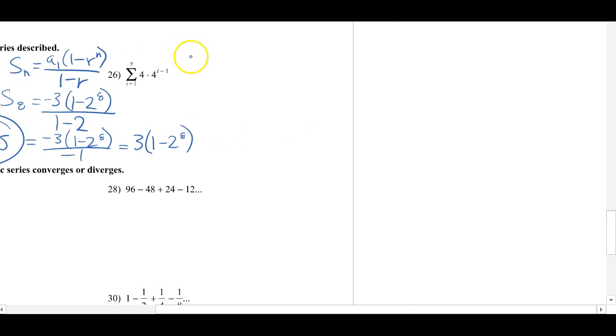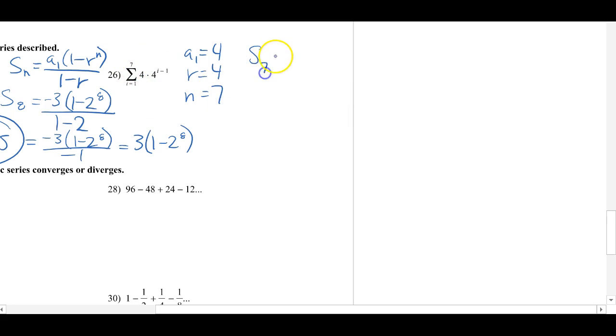Okay, now the next one. Again, we know that the first term, a1, is 4. That comes from this number. Then the r is again 4, which comes from the next number. And then the number of terms is from 1 to 7, so 7 total terms.